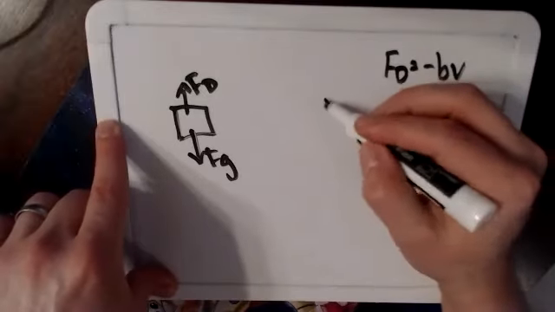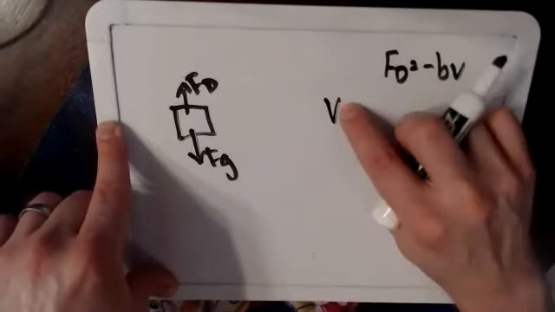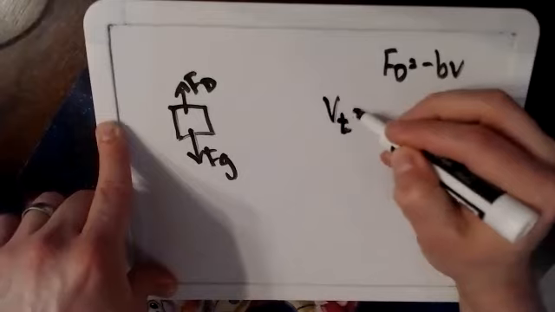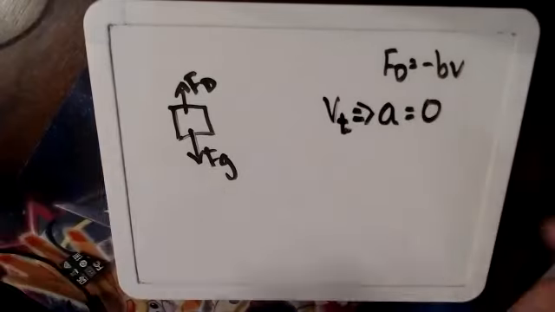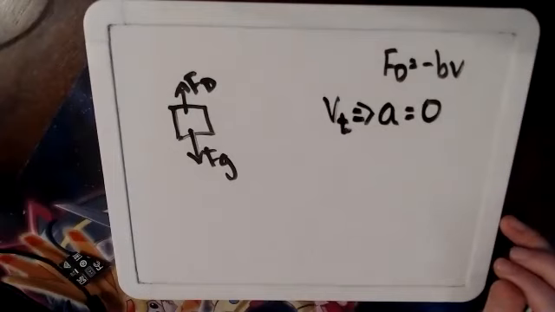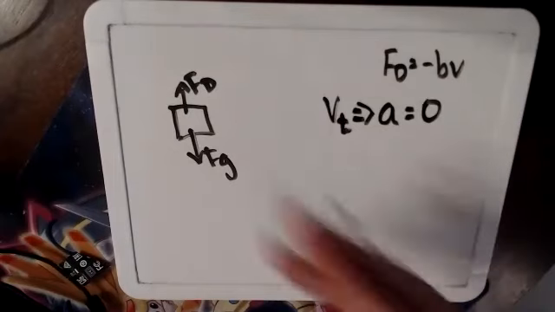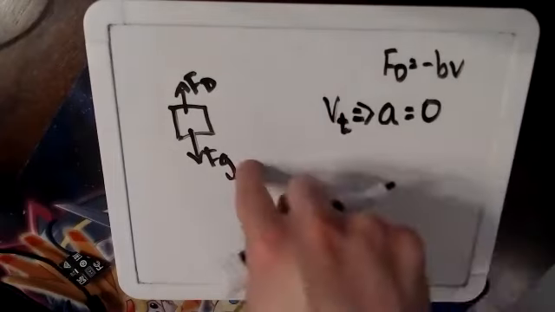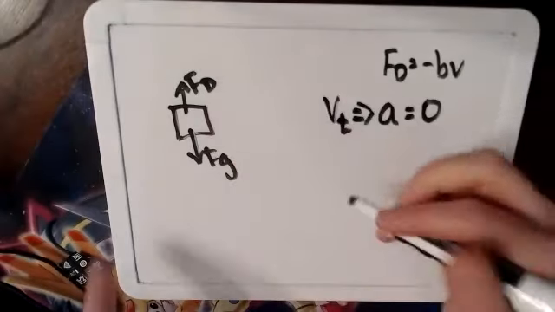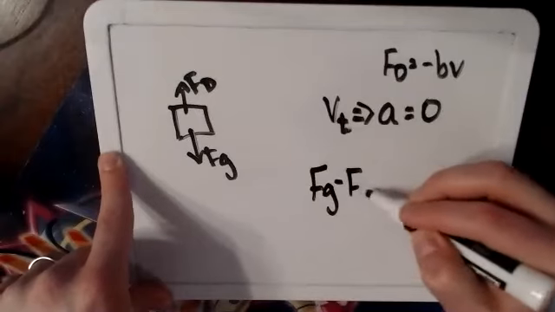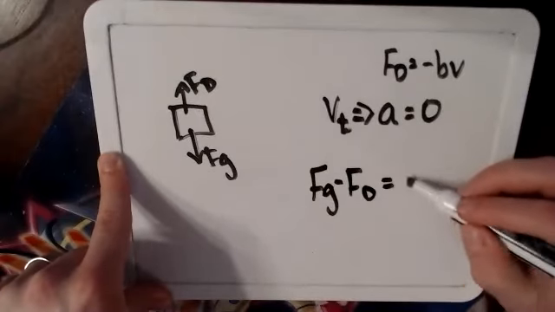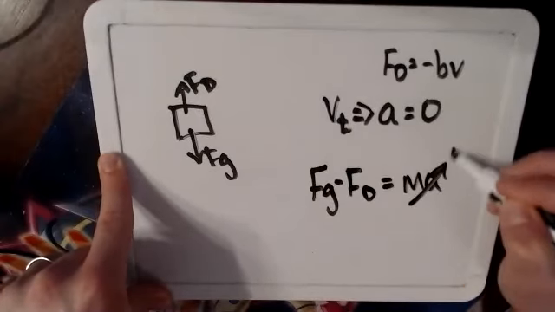The terminal velocity, vT, is what happens when a equals 0. So when does a equal 0? Well, a equals 0 is an equilibrium problem, so the force down is equivalent to the force up. So we do Fg minus Fd equals ma, where a is 0.